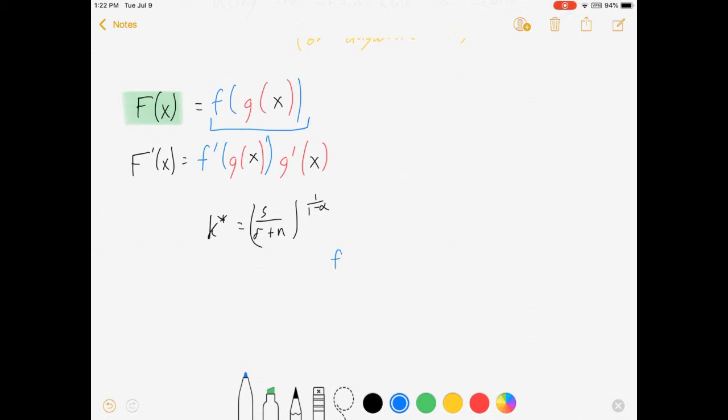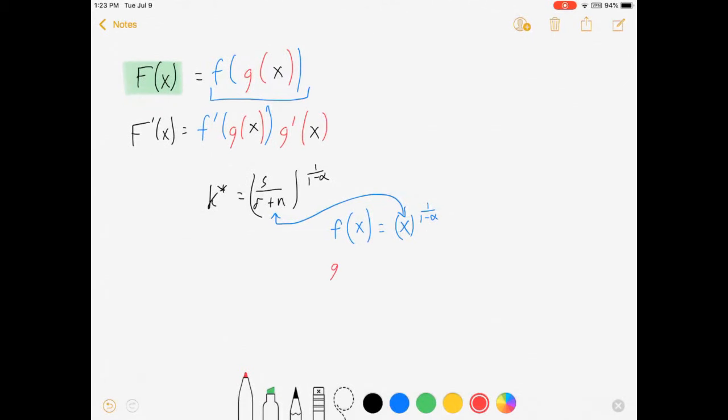I could say that f of x is equal to x to the 1 over 1 minus alpha, where x is all that stuff right there. And if I were to look at g of x, let's pick a variable. Let's talk about the variable s. G of s is equal to s over delta plus n.